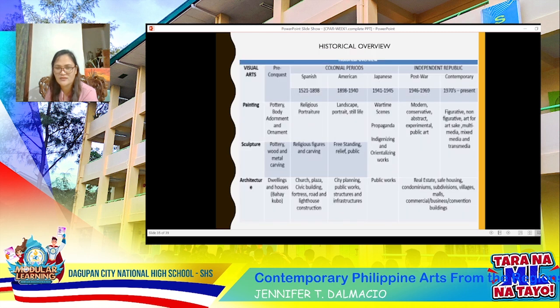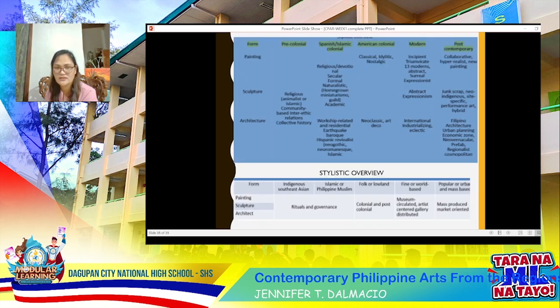Now for the historical view, for painting, we have figurative and non-figurative, art for art's sake, multimedia, mixed media, and transmedia. For architecture, we have the rise of real estate, safe housing, condominiums, villages, subdivisions, commercial, business, and convention buildings.